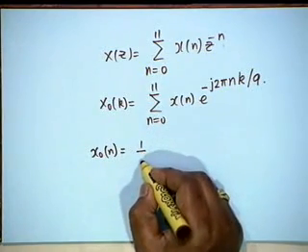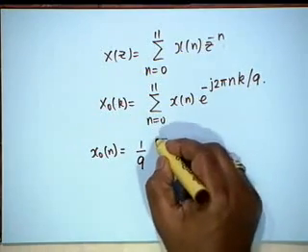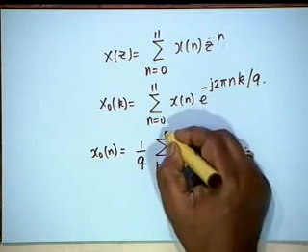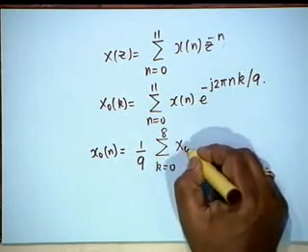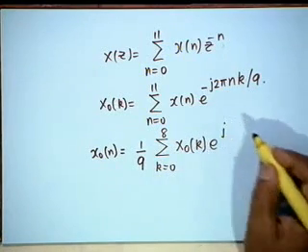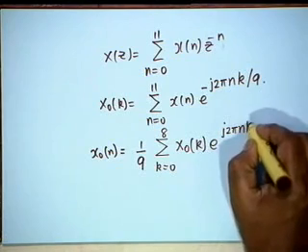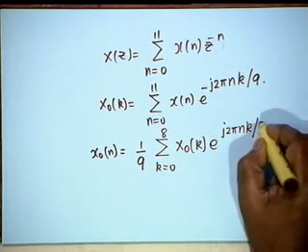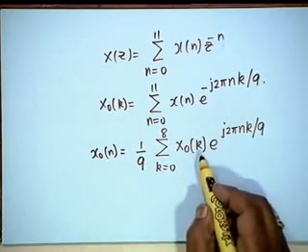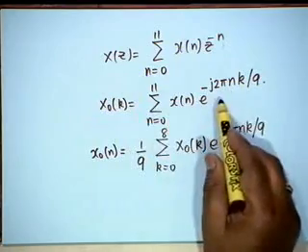IDFT would be 1 by 9 point, summation k equal to 0 to 8, X0(k) e to the power j 2 pi n k divided by 9. And then the trick is, I have not computed X0(k), but I can substitute this relationship.